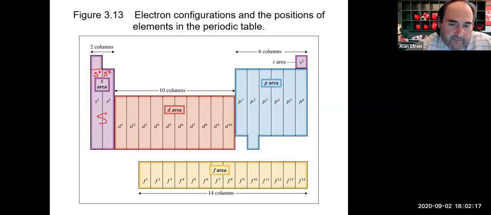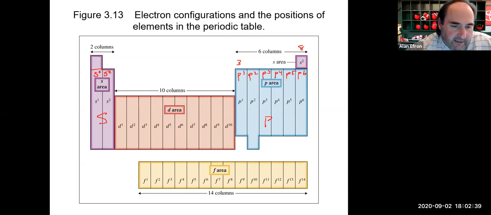Over here, groups 3 through 8 is the P block. And if you remember, the P subshell could hold a maximum of 6 electrons. So if you look at the top box here, P1, P2, P3, P4, P5, and P6.